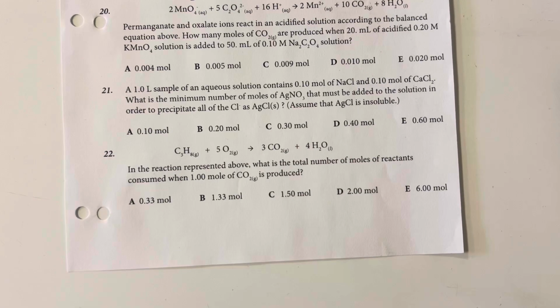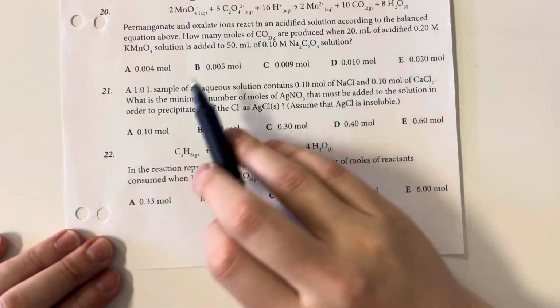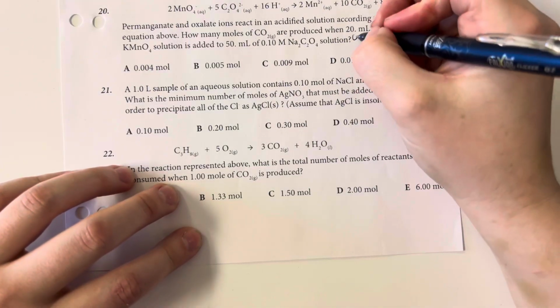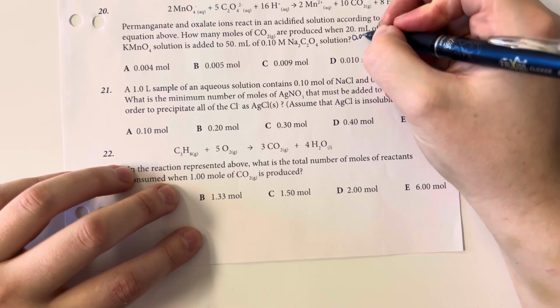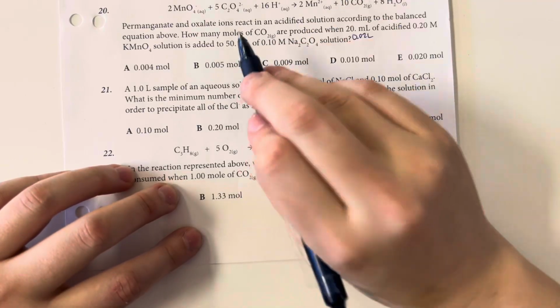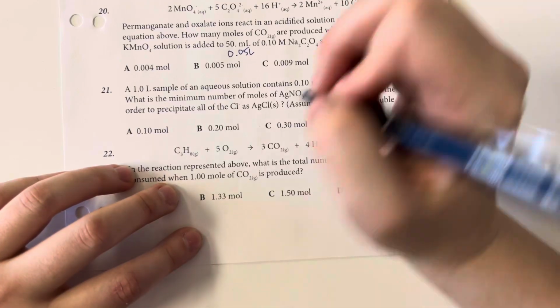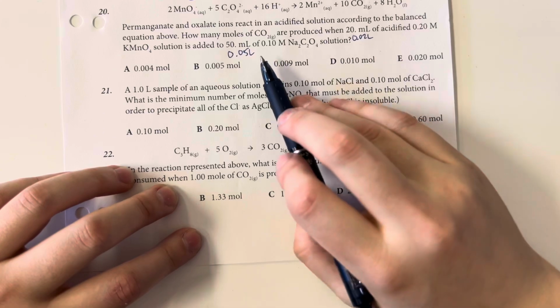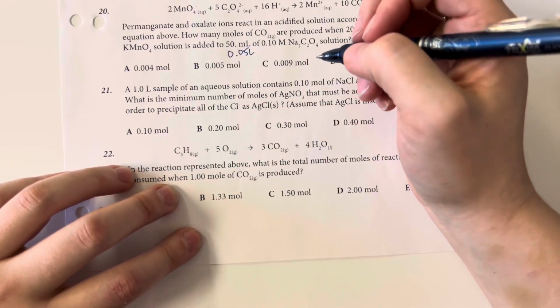Okay, so first up, I need to figure out how many moles I have present in each of these. So 20 mL is 0.02 liters, and 50 mL is 0.05 liters. And I can now multiply that to figure out how many moles I have present.